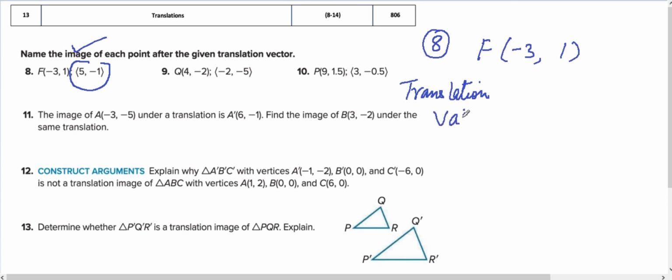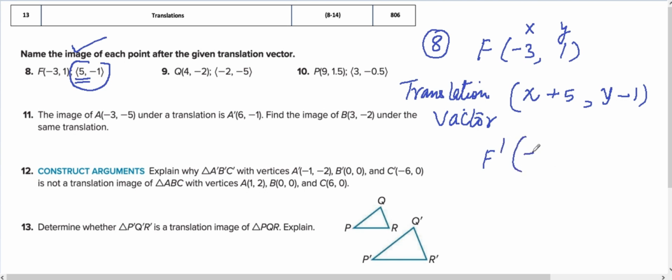How to write the translation vector? We write x plus 5 and y minus 1. So you just have to add 5 and subtract 1, because this is positive and 1 is negative. What is xy? This is your xy. Substitute here, that is your F dash. So F dash is -3 plus 5 and 1 minus 1, so 2 and 0 is your image.